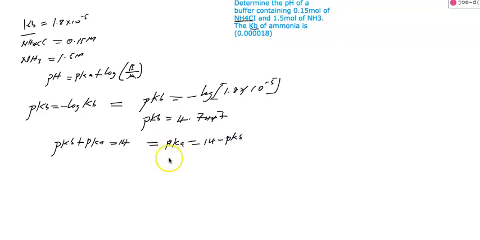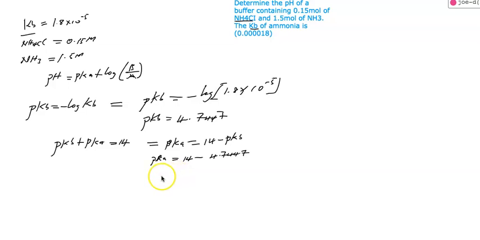Let's plug the figures in. pKa equals 14 minus 4.744.